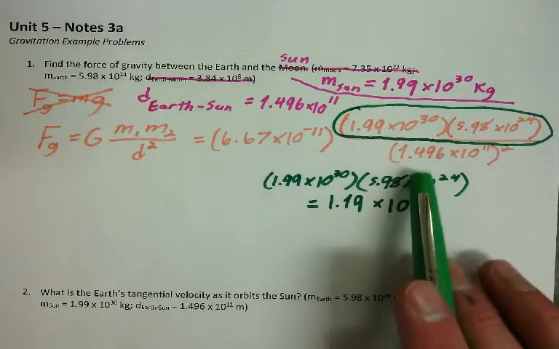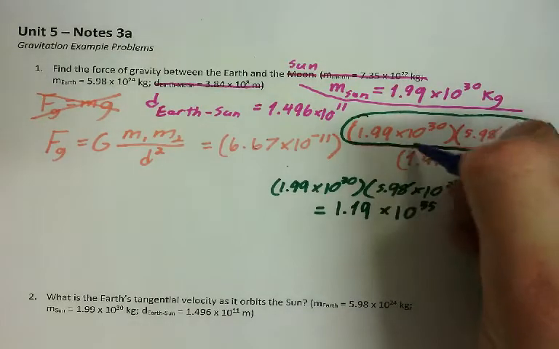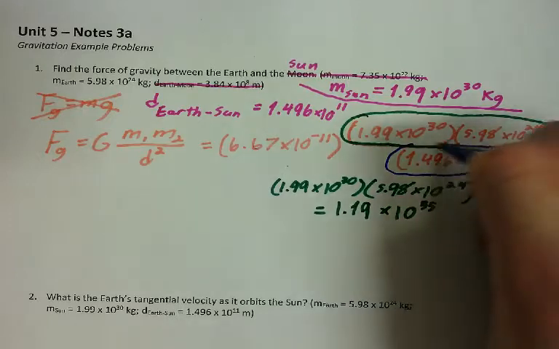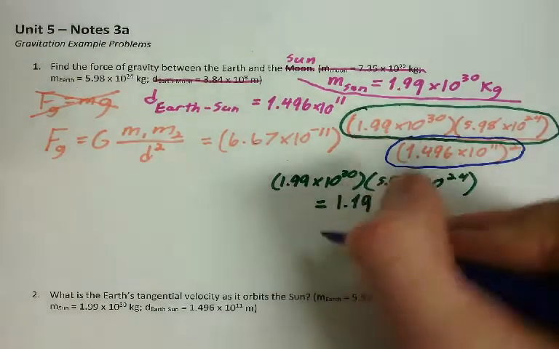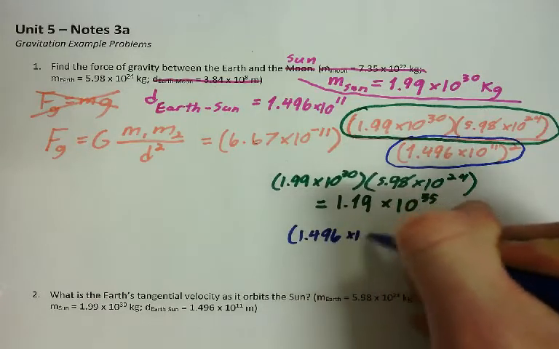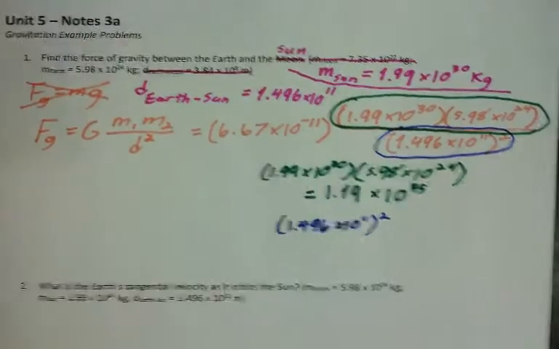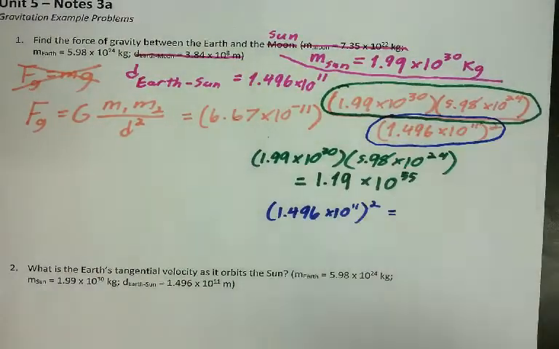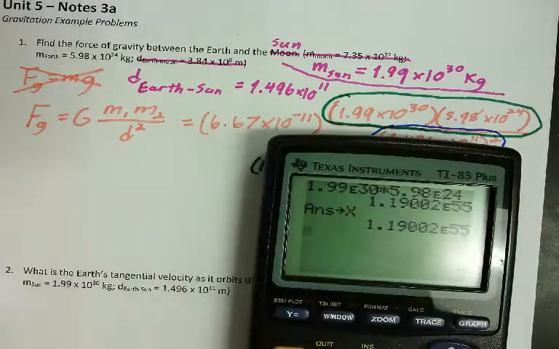All right, let's do the next step. The next step is to square the bottom. So I'm going to square 1.496 times 10 to the 11th. I'm going to put it in just like that on my calculator. 1.496, second EE.